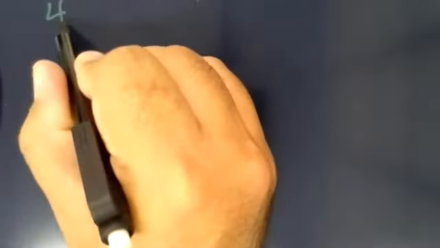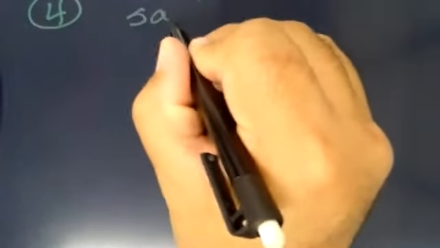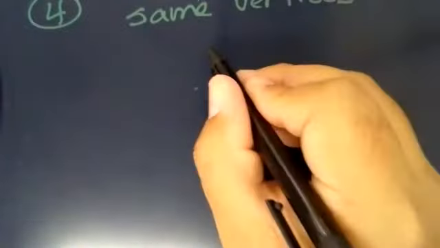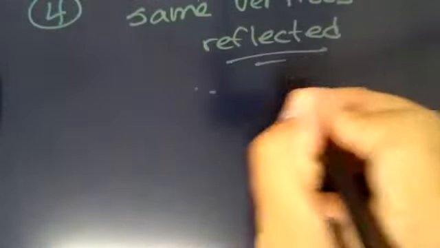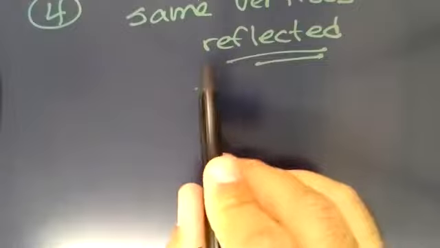For number 4, let's think about this. If it says same vertices and it's reflected, all right? I want you guys to understand something very important.